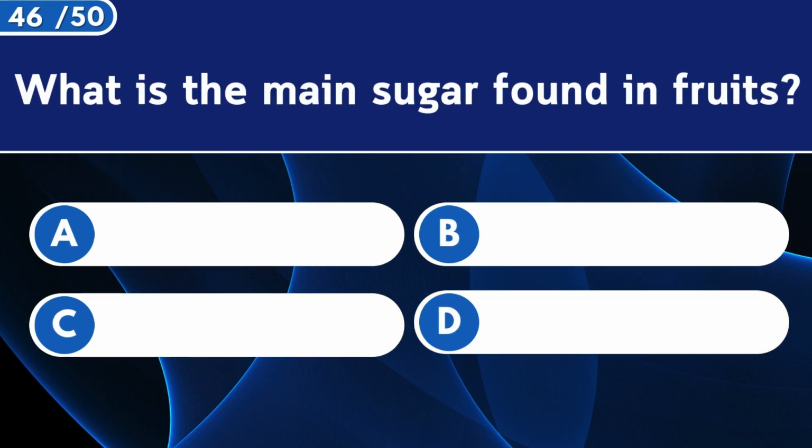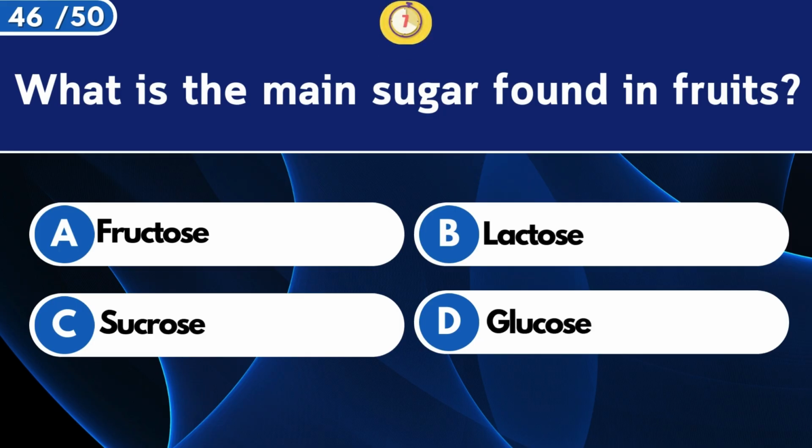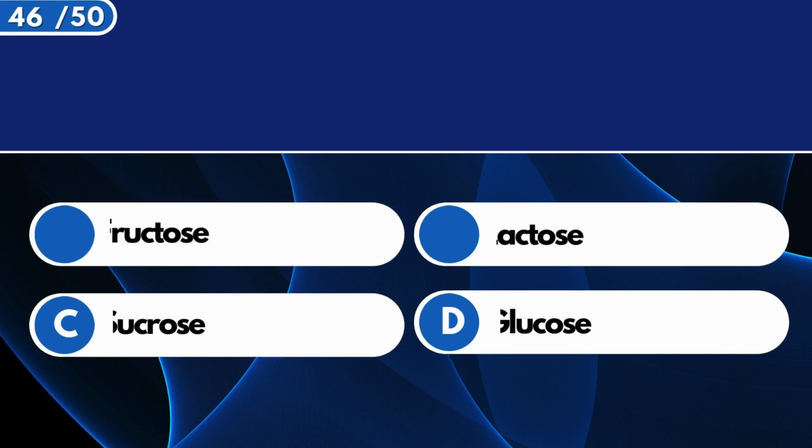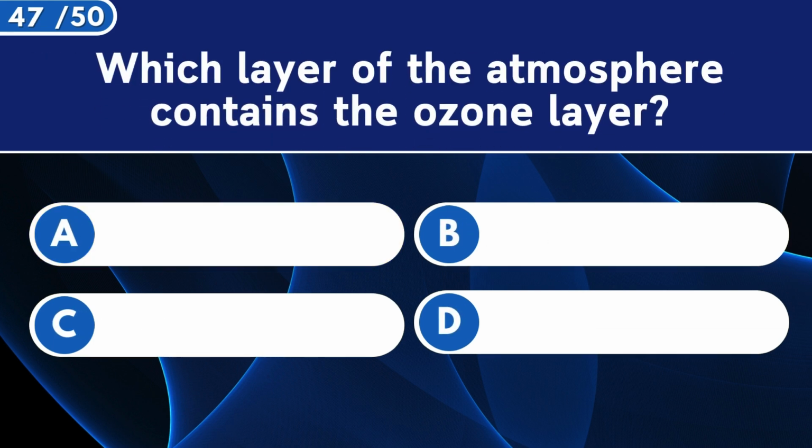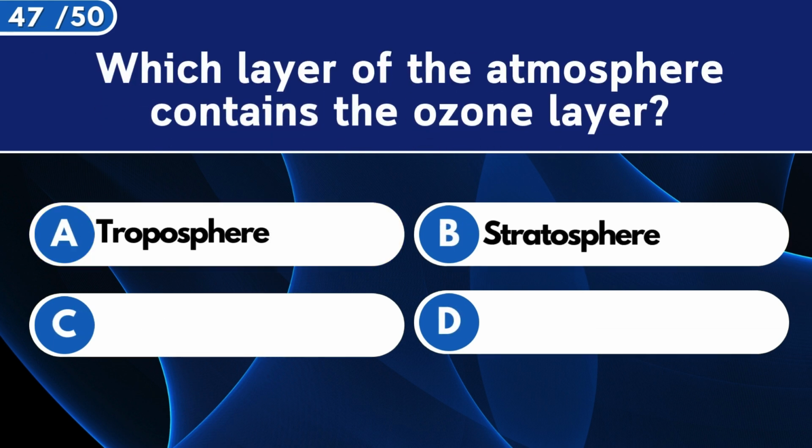What is the main sugar found in fruits? Fructose. Which layer of the atmosphere contains the ozone layer?